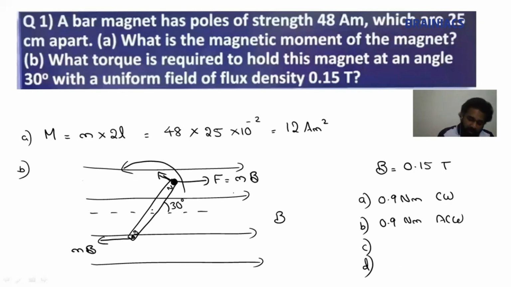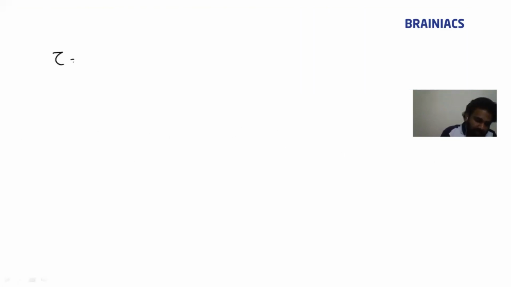So the torque due to magnetic field, how much is that? This is going to be mB sine theta. So torque is equal to mB sine theta. What is m? m is going to be 12, B is going to be 0.15, and this is sine 30.